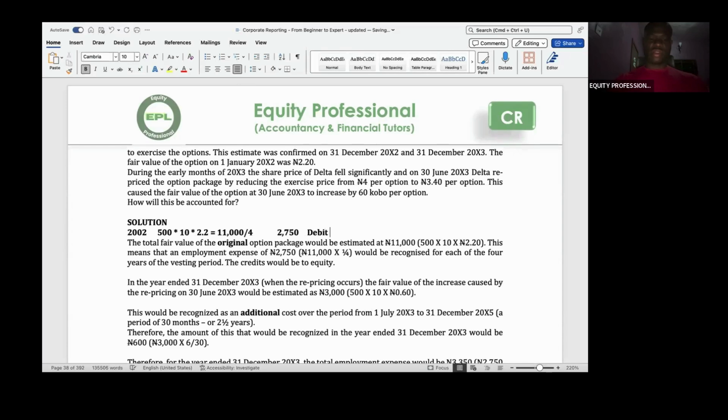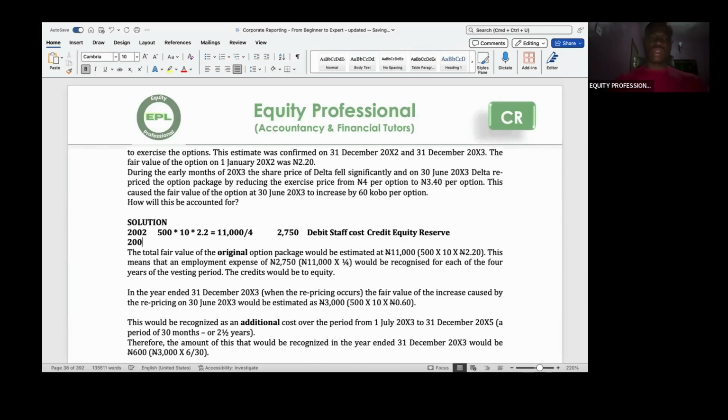We debit staff costs, we credit equity reserve with this 2,750.